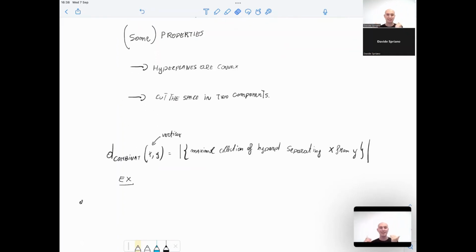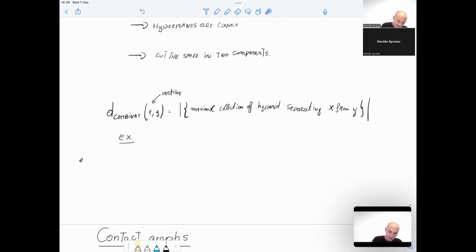And here is perhaps not the most useful fact about hyperplanes, but it's going to be very useful for us, and it's quite neat. If I now take the combinatorial distance between two vertices, so what does this mean? This is just the distance in the one skeleton.